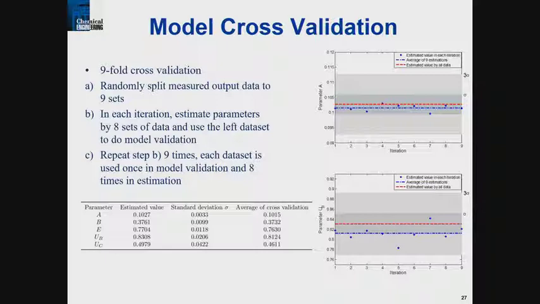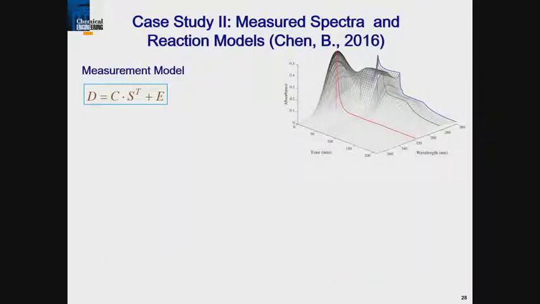If you look at the confidence interval for each of these parameters, it's this gray region here, and all of the cross-validated estimates here for these parameters, and these are just 2 samples, are nicely within that confidence region. So we're pretty happy with this result. Okay, good.